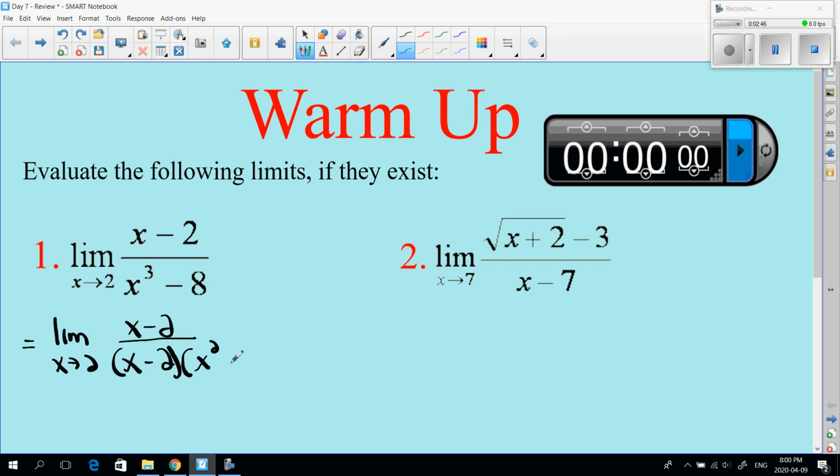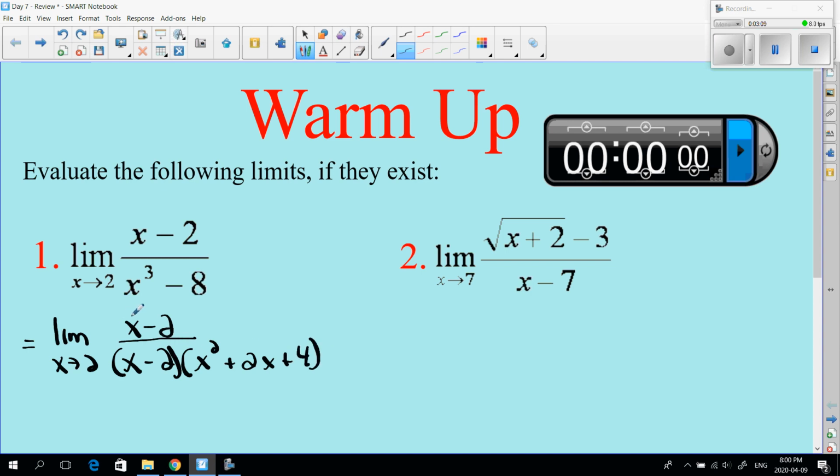X times 2 gives me 2x, but it's the opposite sign. Okay, so if we see x minus 2, we get a positive there. A lot of times, a common mistake would be to write a negative 2x here. But you have to use the opposite sign with the difference of cubes. And the last term would be this 2 squared, so plus 4.